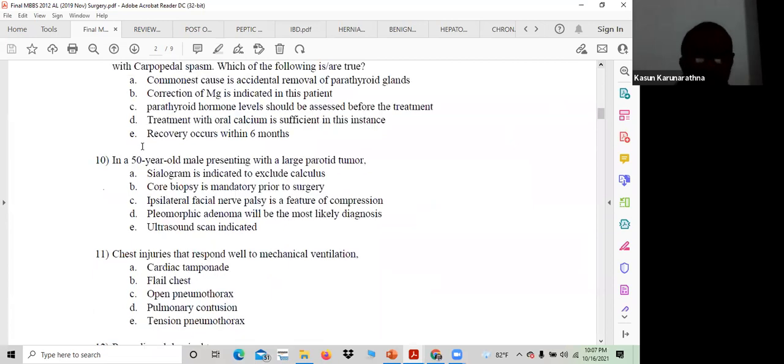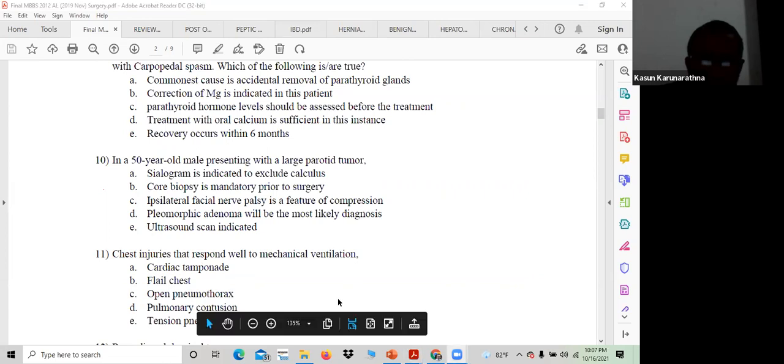In a 50-year-old male presenting with large parotid tumor, sialogram is indicated to exclude calculus. No. Sialogram, if you go into... 10 ml of 10% calcium, or 30 ml of 10% calcium? Same, no? Why 30 ml? Usually 10 ml.